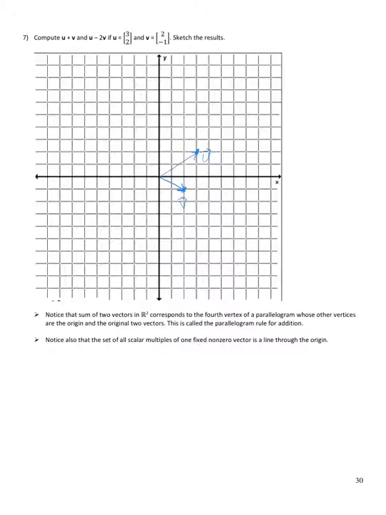V. U plus V is (3, 2) plus (2, -1), which is (5, 1). So I'll plot that one. 3, 4, 5, 1.